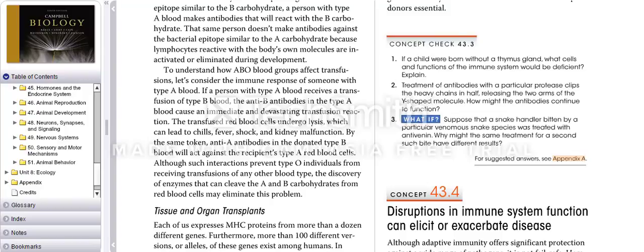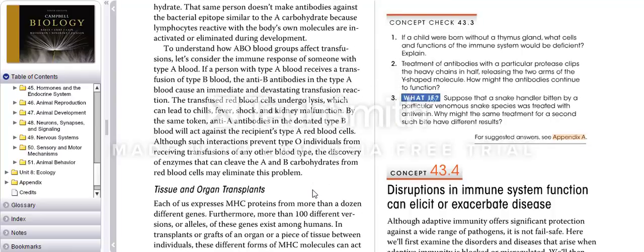O-type blood doesn't have any of the epitopes that A and B do, so A epitopes are rejected by someone with type B blood because the antibodies connect to the A to destroy them, and vice versa in B, but O doesn't have any of those, and type AB has both of them.